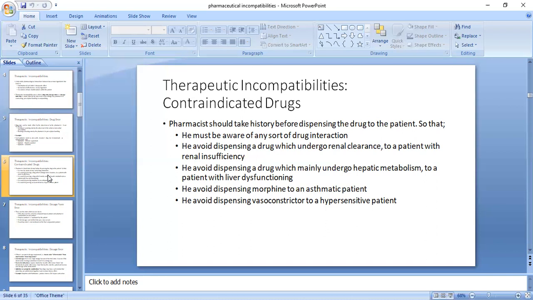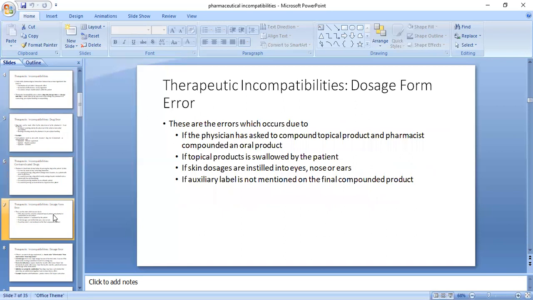These drugs are contraindicated in these conditions. That is why the pharmacist should take a history before dispensing the drug to the patient, otherwise therapeutic incompatibilities are created.